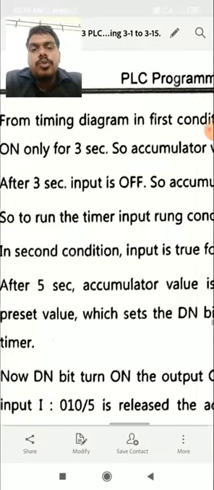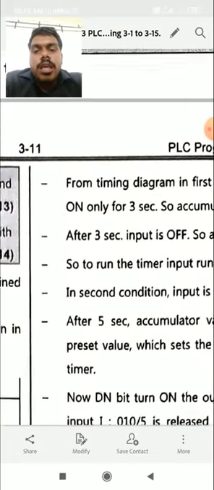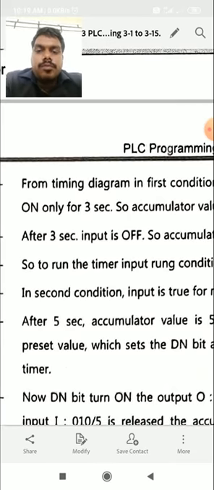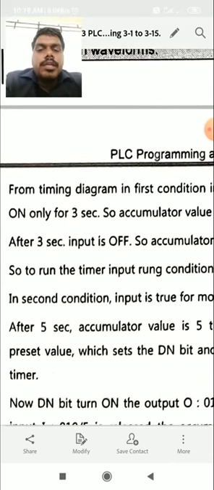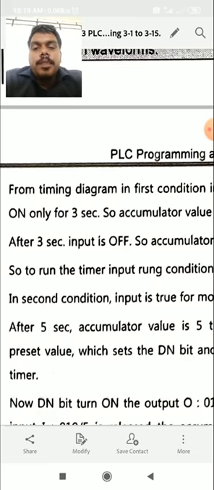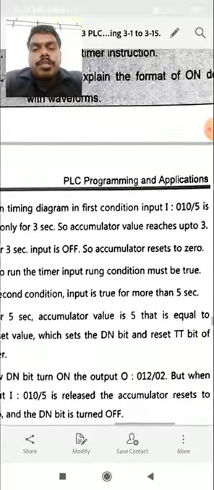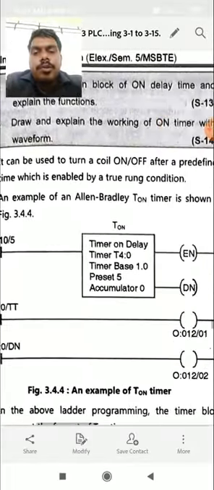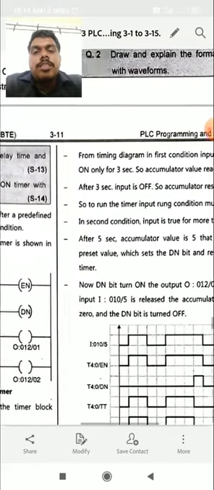After 3 seconds the input is off, and after the timing is over, the accumulator resets to 0 automatically.